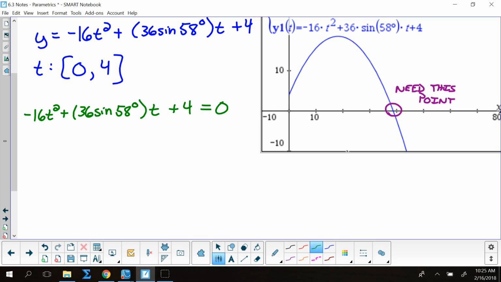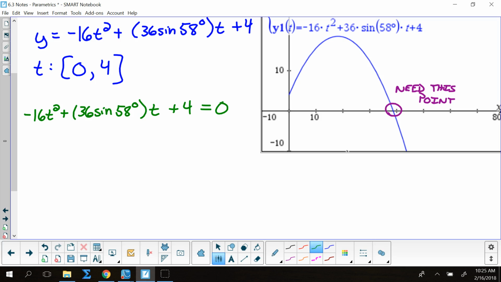Okay? So, how am I going to go about solving negative 16t squared plus 36 sine 58 degrees t plus 4? How can I solve that for t? Quadratic formula. And so then that's going to give me a's and b's and c's, right?